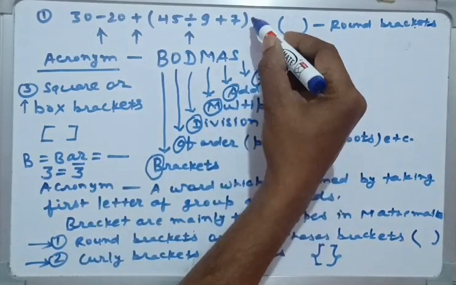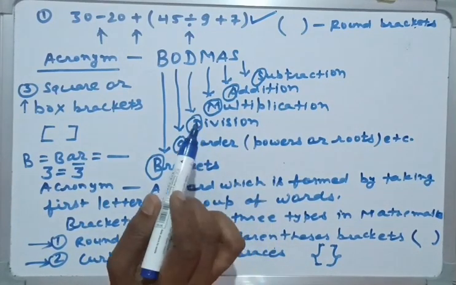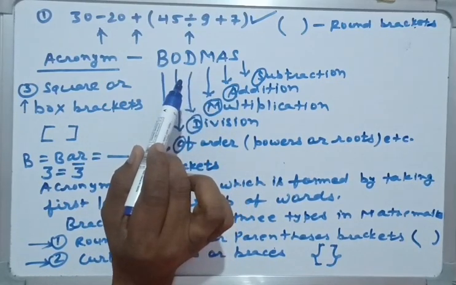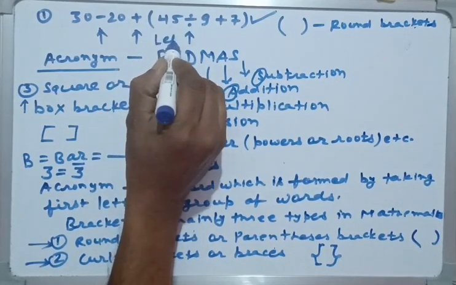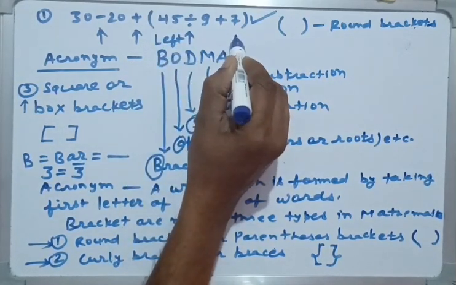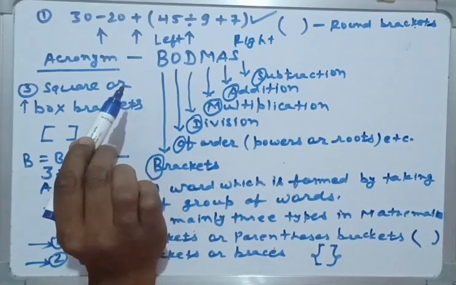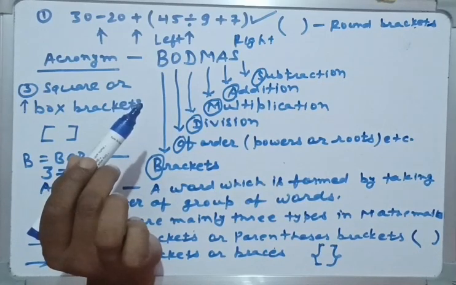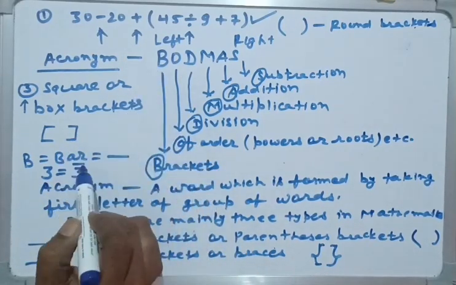When we have to solve any such mathematical problem, we use the acronym BODMAS, in which we have to move from extreme left to extreme right. In this order, whichever operation or bracket comes first, we will solve that. Here B also stands for bar.